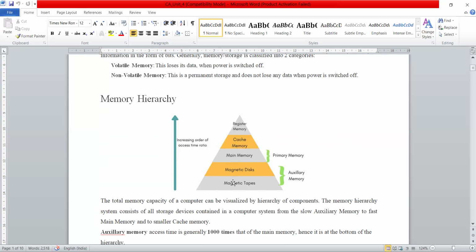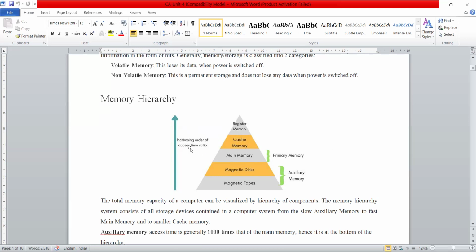Magnetic disk and magnetic tapes together are called auxiliary memory and main memory is also called primary memory.